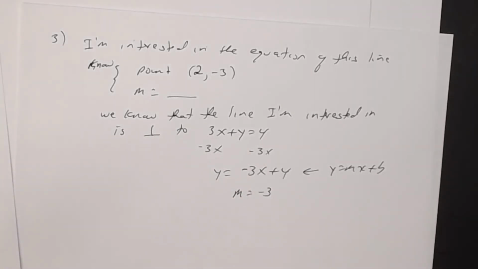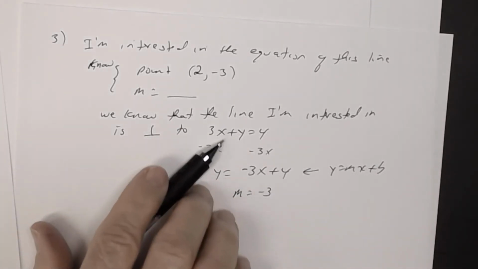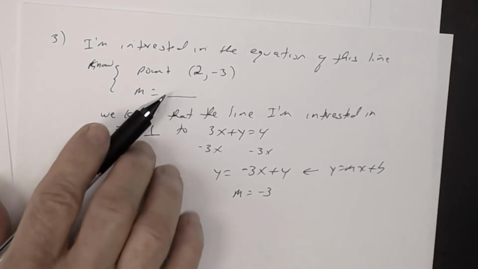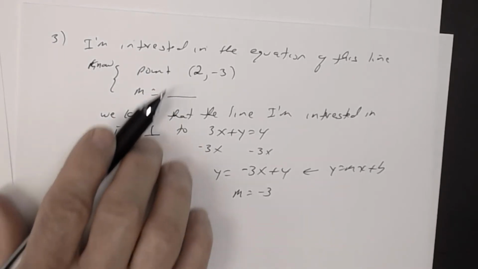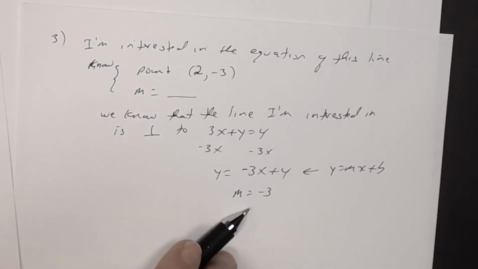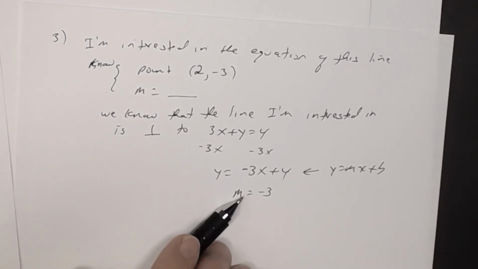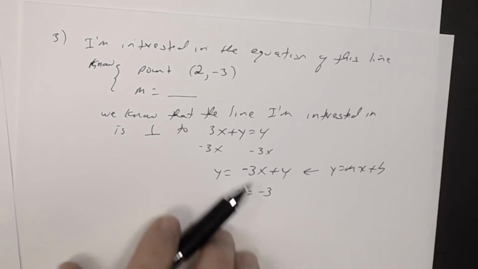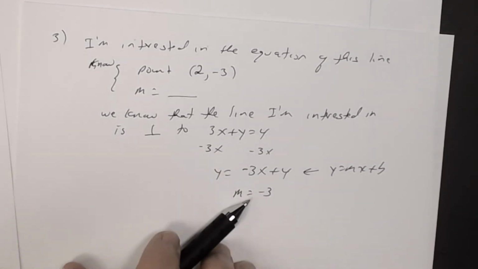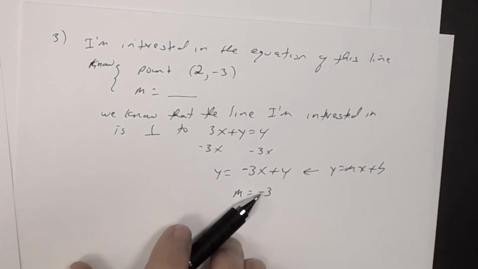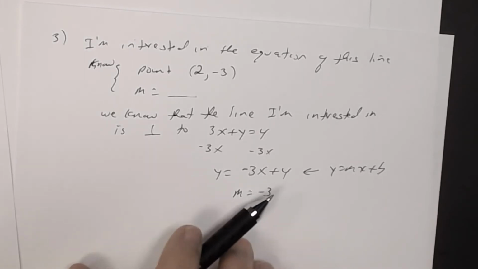All right, now, I know the slope of this line right here is -3. So what's the slope of the line I'm interested in? Remember, they're perpendicular. So this line is perpendicular to this line, and it has this slope. So if this slope is negative, then this slope has to be what? Positive. And then the reciprocal. So what's the reciprocal of -3? The negative reciprocal.